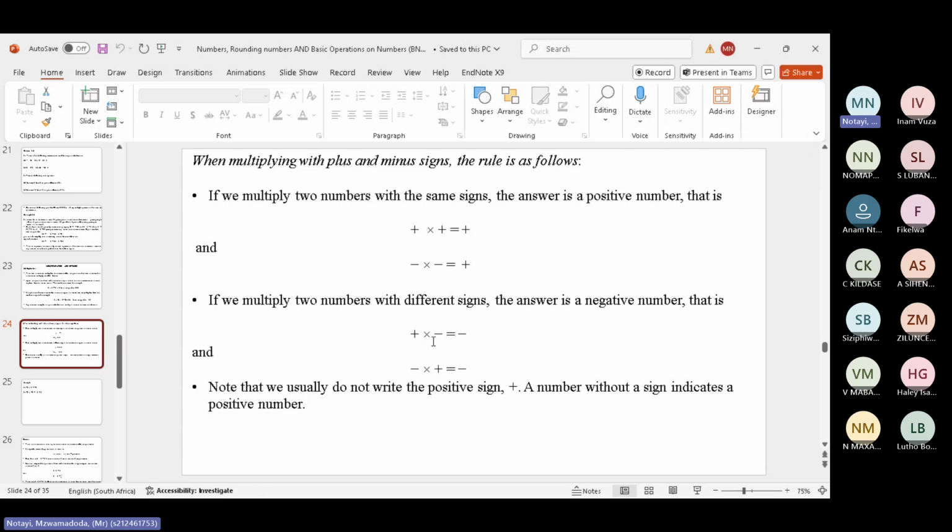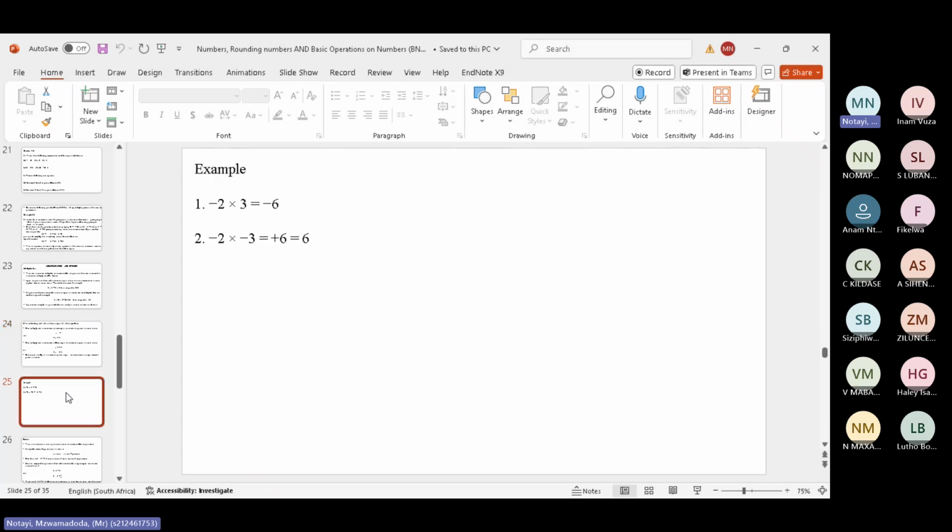That is, a positive multiplied by a negative gives us a negative, and a negative multiplied by a positive gives us a negative. Note that we usually do not write the positive sign, that is the plus. A number without a sign indicates a positive number. So you just have to know that there's a positive sign if the number is without a sign.